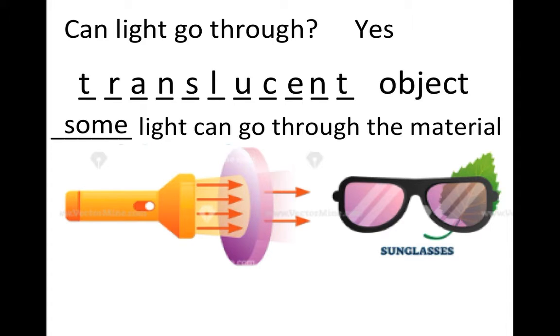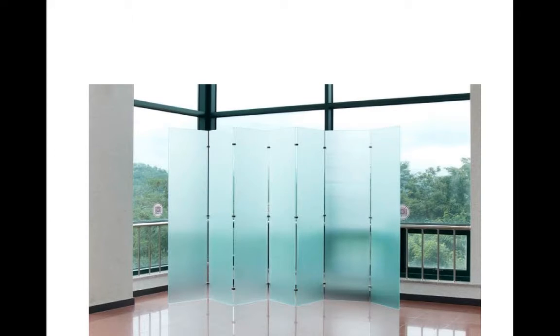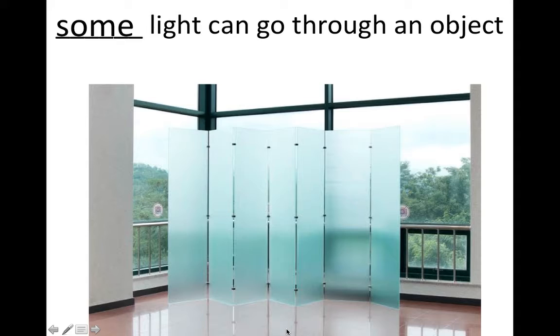Some light can go through the material. For example, can you see through this material? A little. Can you see the trees? No. Can you see the guardrail? Yes. So we say some light can go through an object.